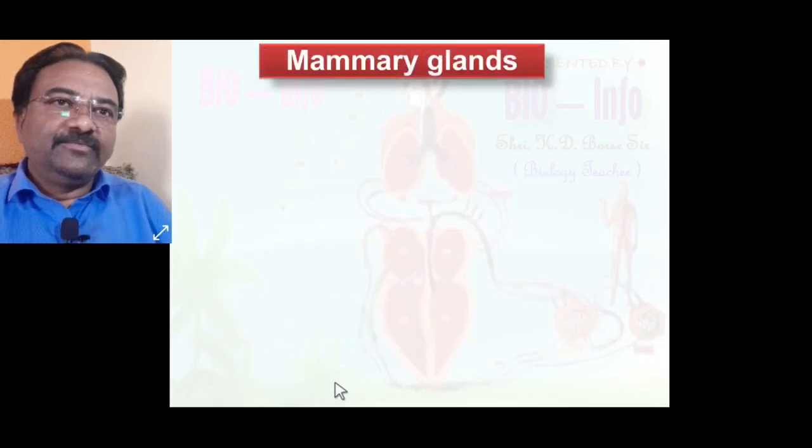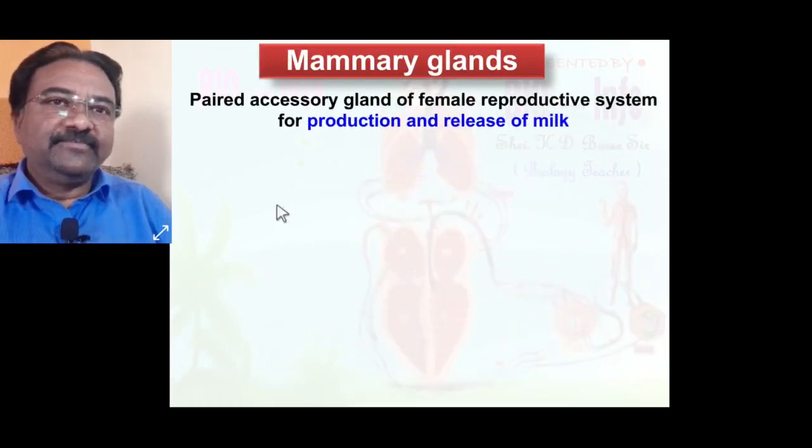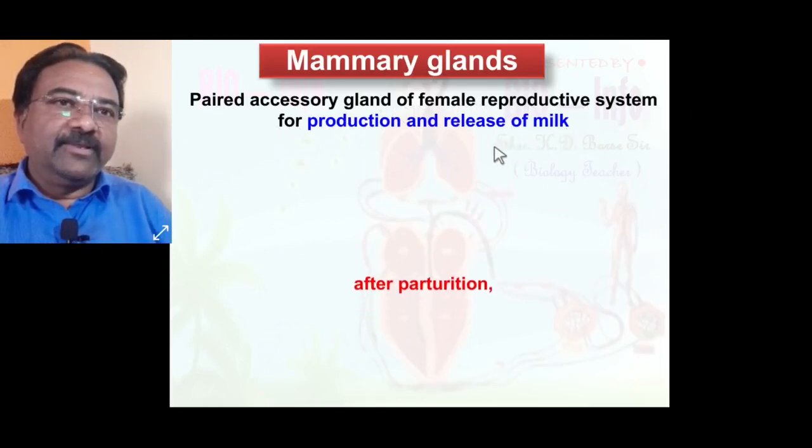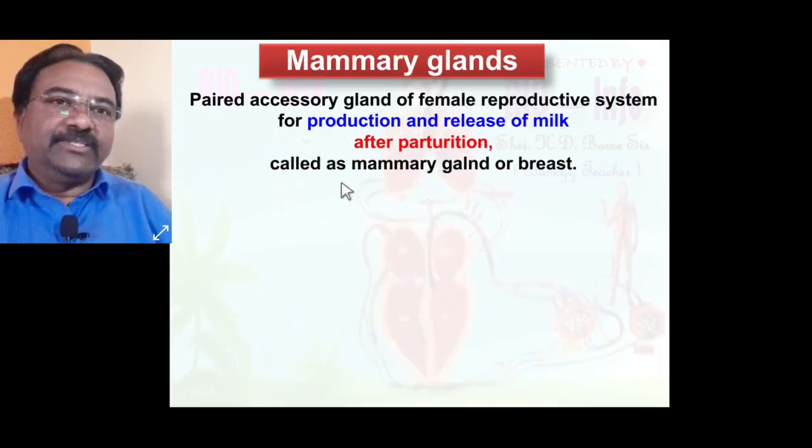Now we discuss the mammary gland. A paired accessory gland of the female reproductive system for production and release of milk after parturition is called the mammary gland or breast. What is the main function of the mammary gland?